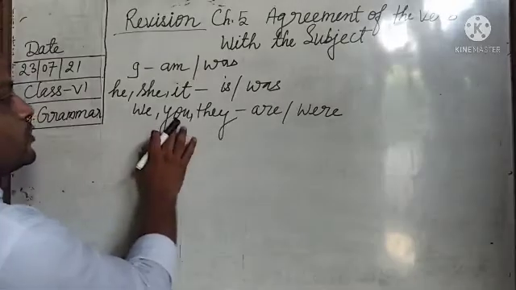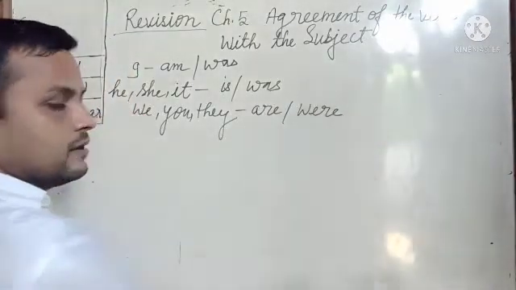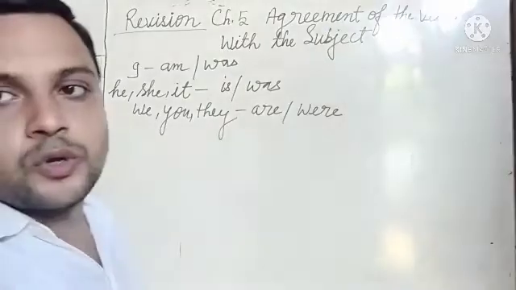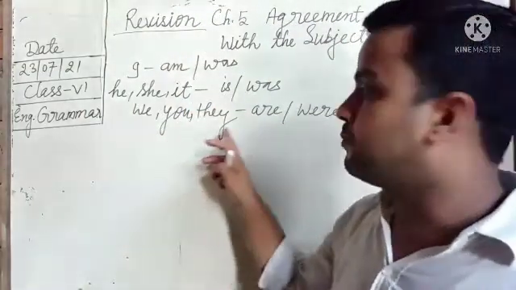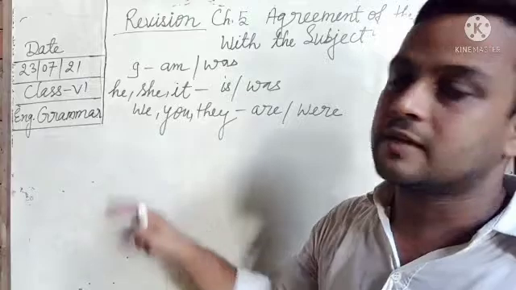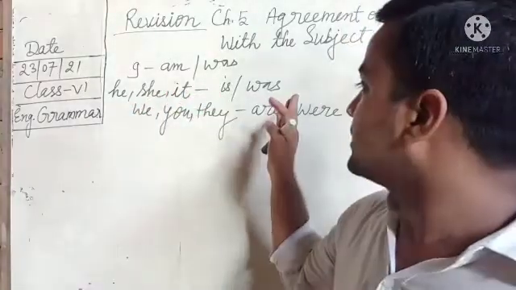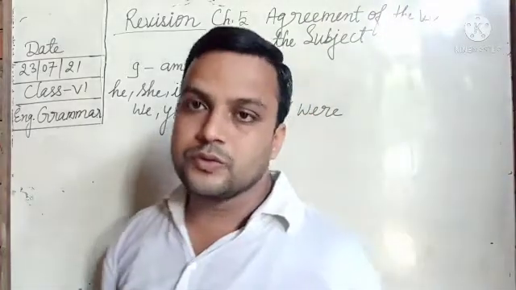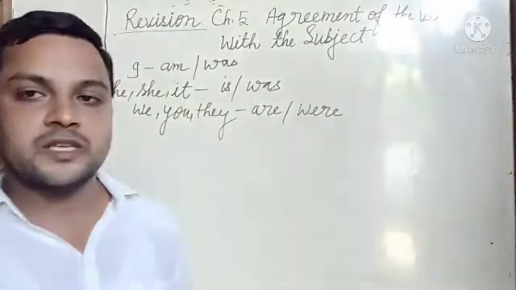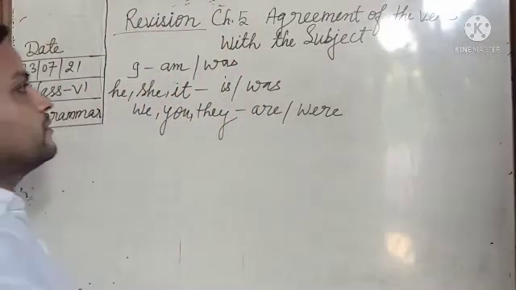With we, you, they we use are in present and were in past. So these are the plural subjects, so plural verbs will be used with plural subjects. These are singular subjects, that's why the singular verbs will be used. So these rules are known as subject verb agreement or agreement of the verb with the subject.